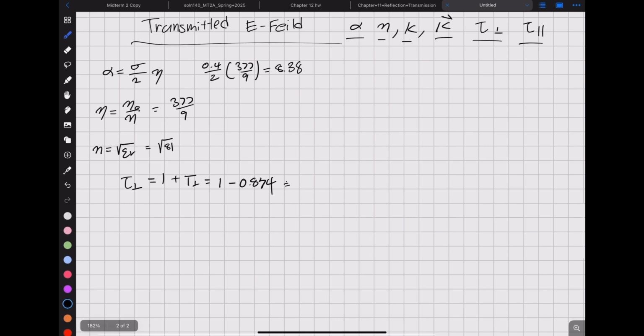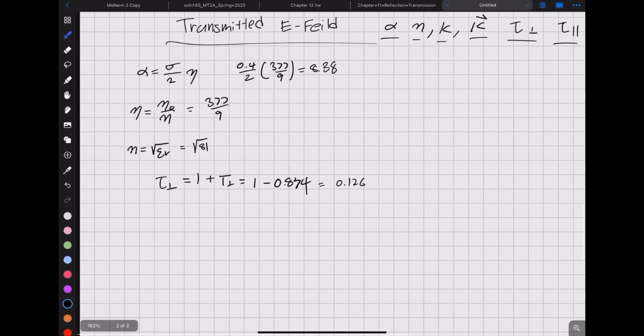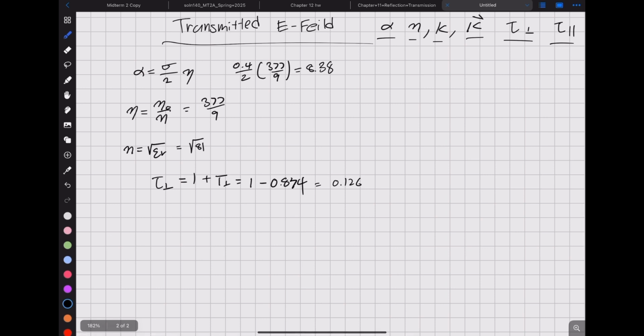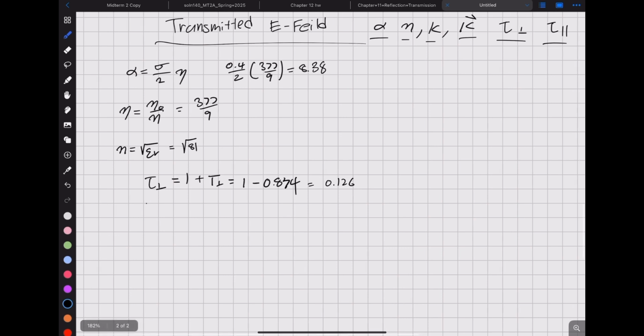So that's going to give us 0.126. Next is going to be finding the tau of the parallel. So tau parallel is going to be eta 2 over eta 1 times 1 minus gamma parallel.